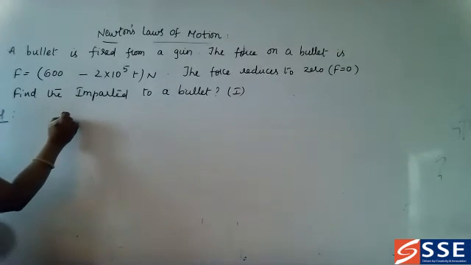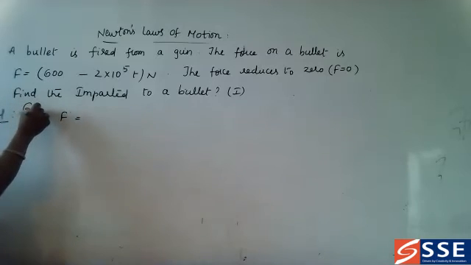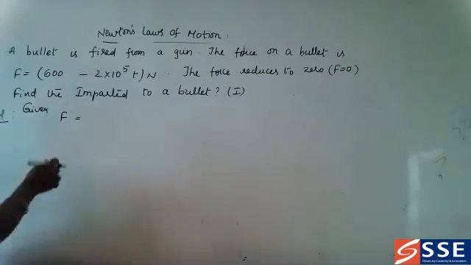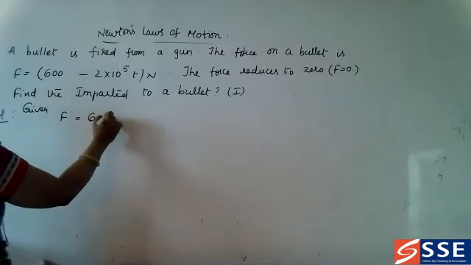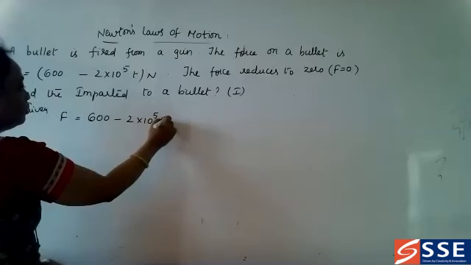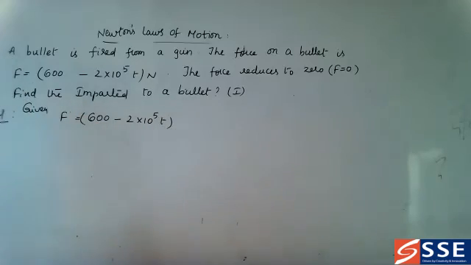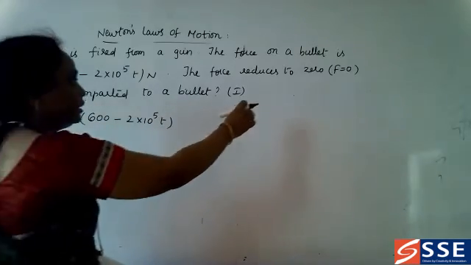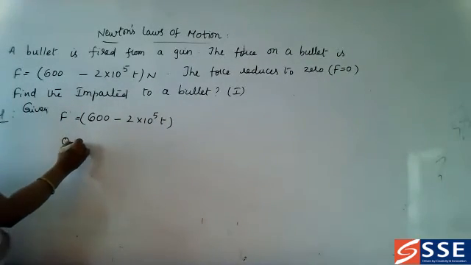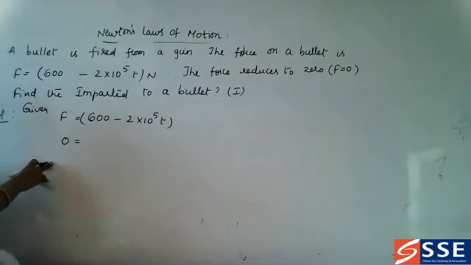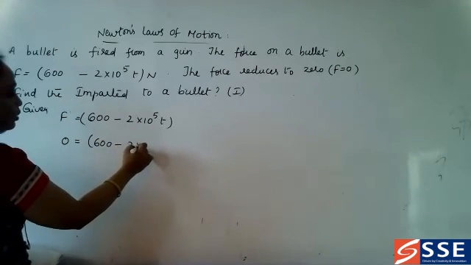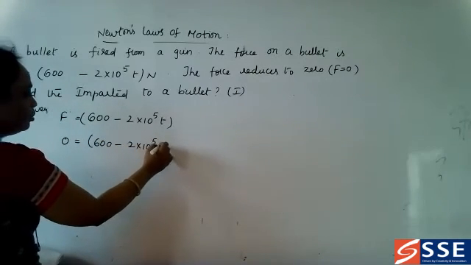Suppose given F is equal to 600 minus 2 into 10 power 5 into t. So force has been given, and next, this force reduces to 0. So when it reduces to 0, we have to substitute 0 into 600 minus 2 into 10 power 5 into t.